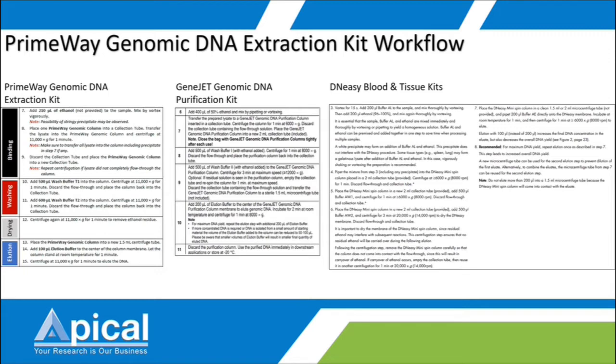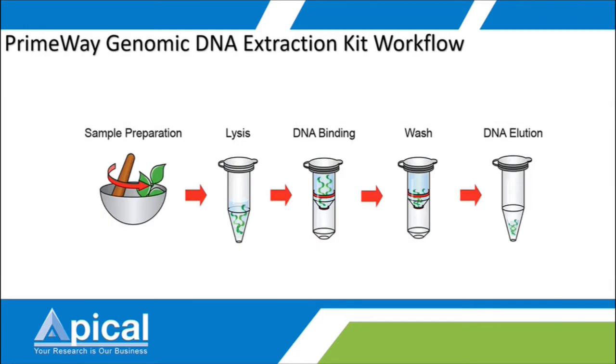In these three steps, ethanol will be used to facilitate the binding of the DNA. Then it will continue with washing the DNA twice, but it kind of depends on the kit also. And then elute the DNA with elution buffer. So these three steps are the same in nearly all the sample types and commercial kits.